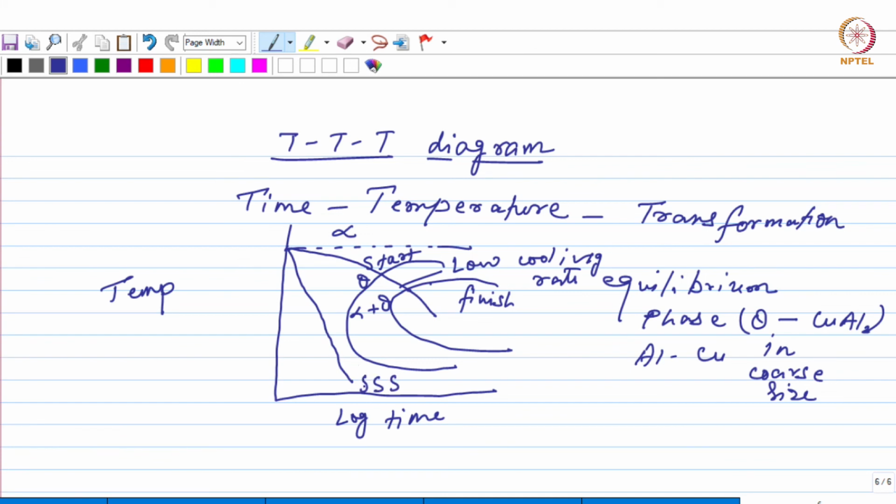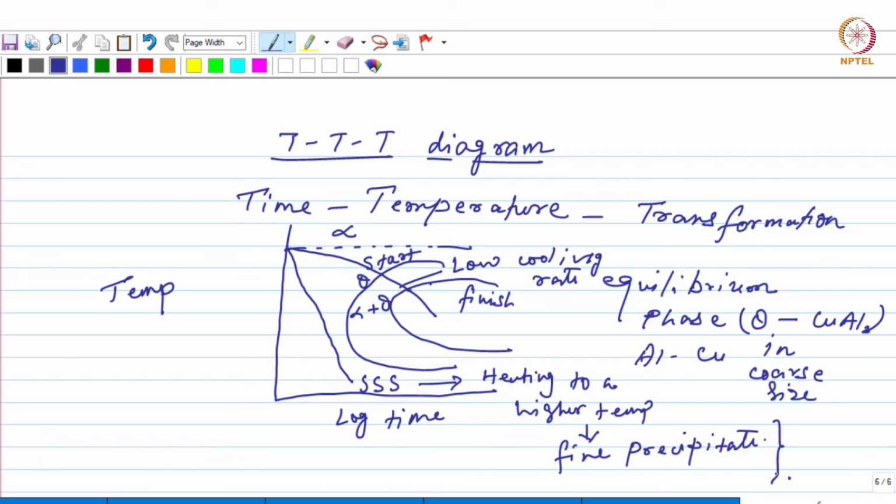And if you now heat this supersaturated solid solution after the quenching operation to a certain higher temperature in the range of 100 to 150 degrees Celsius for the aluminium alloys, then a precipitate will form which will be much finer. So this explains the need of the quenching operation.